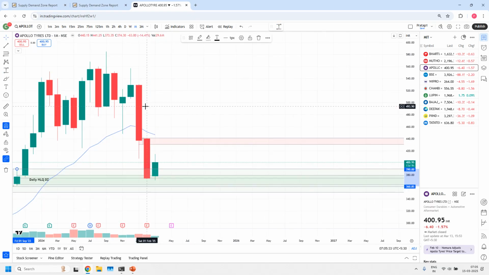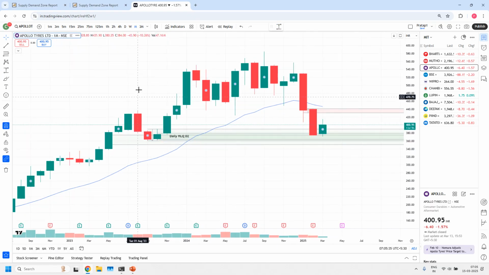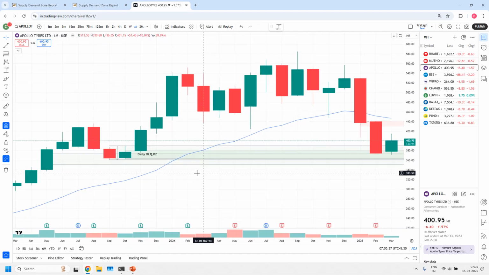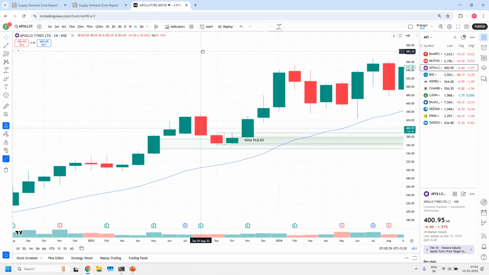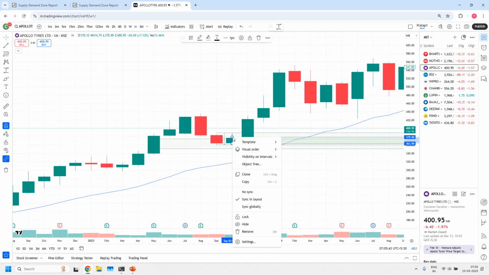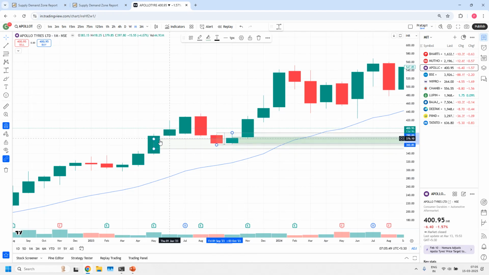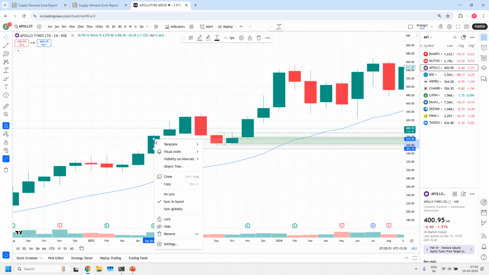That is the way we have a monthly zone also here. Maybe let me increase the daily color thickness. And this is the weekly.